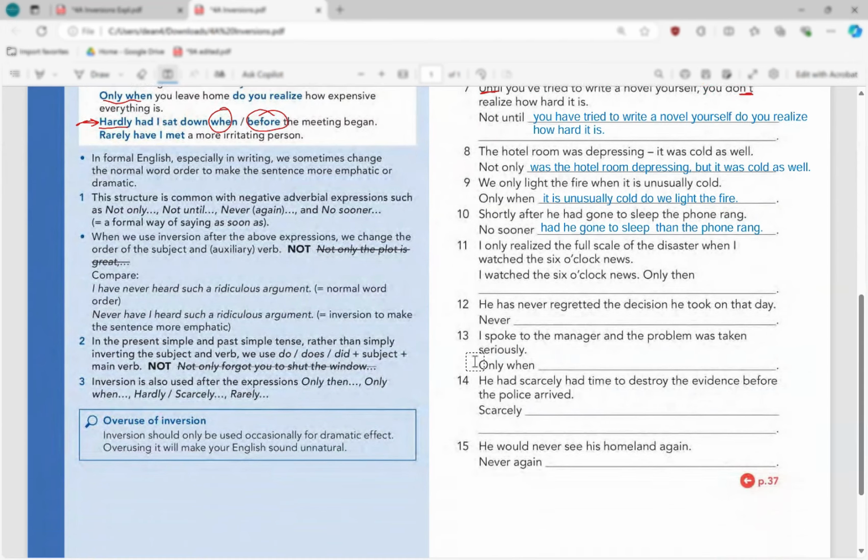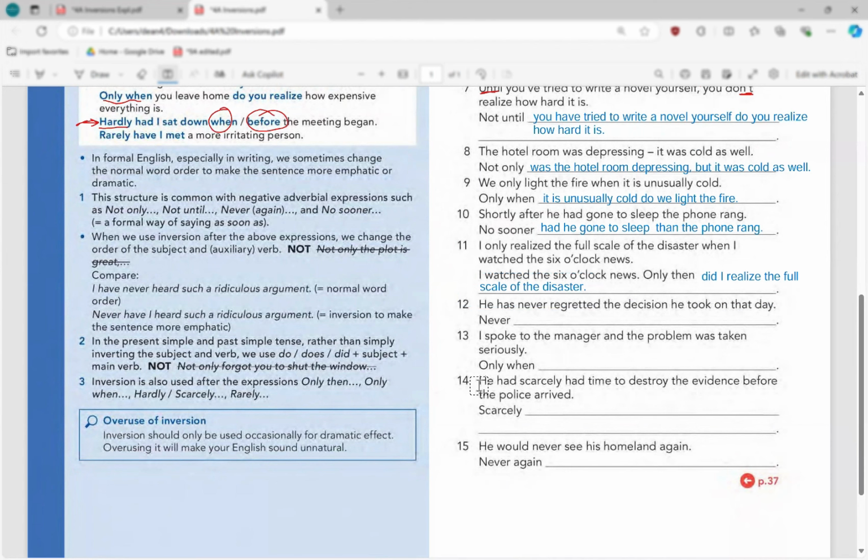11: I only realized the full scale of the disaster when I watched the 6 o'clock news. Only then. So, I realized, the past simple, will be did I realize the full scale of the disaster.